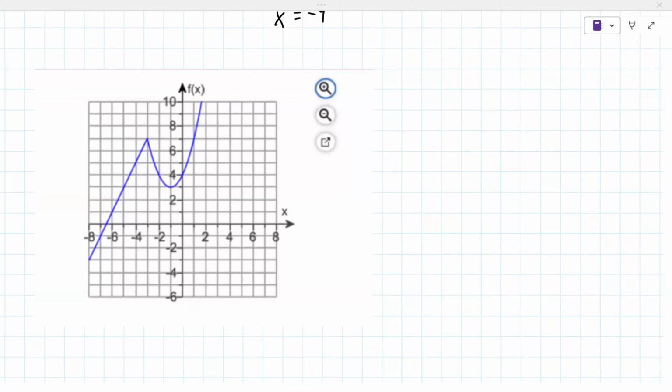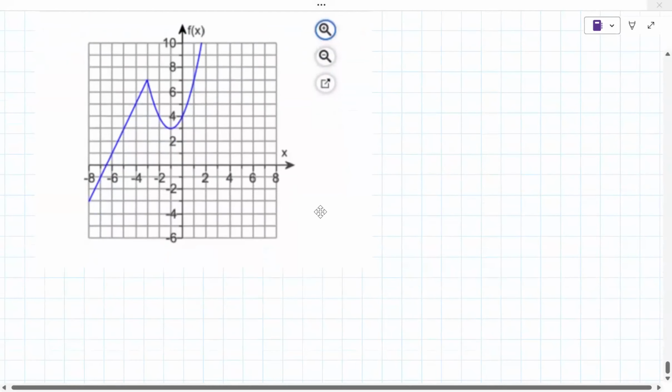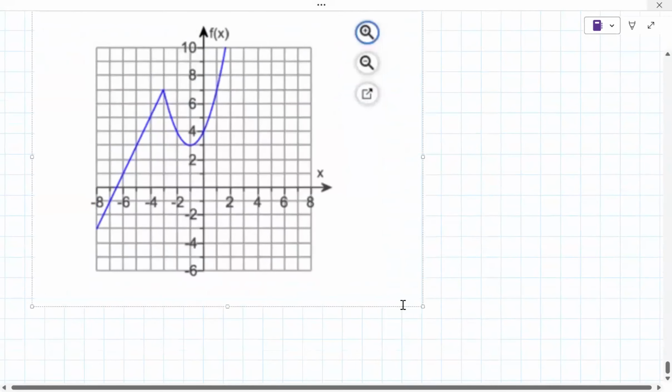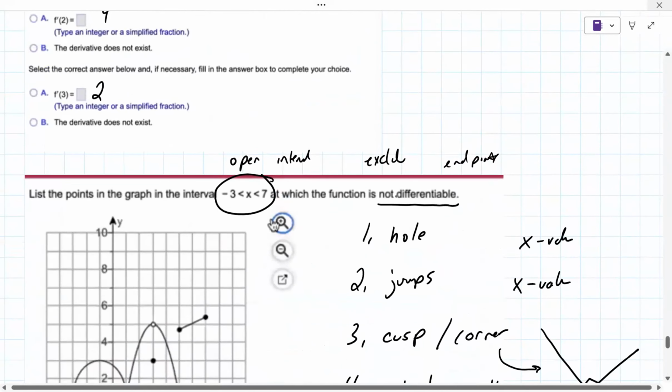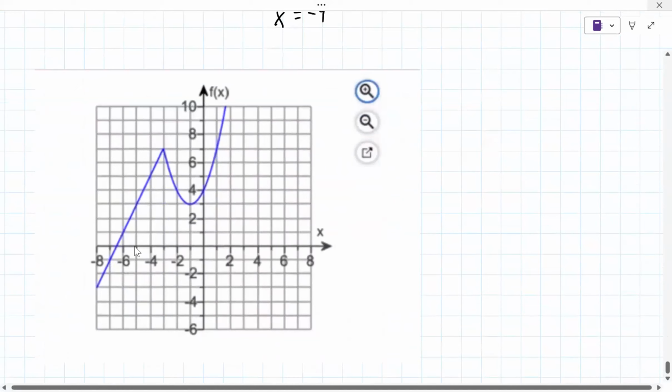So the next one here, let's actually do part B first. If you've got it on your screen, you can see part B asks where the derivative is undefined. That's the same thing as not differentiable. So basically I'm asking for the same list here.